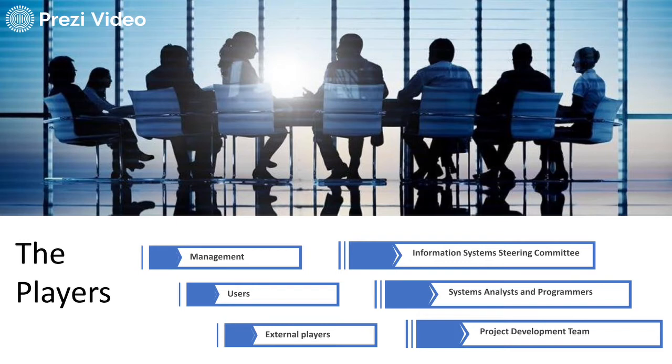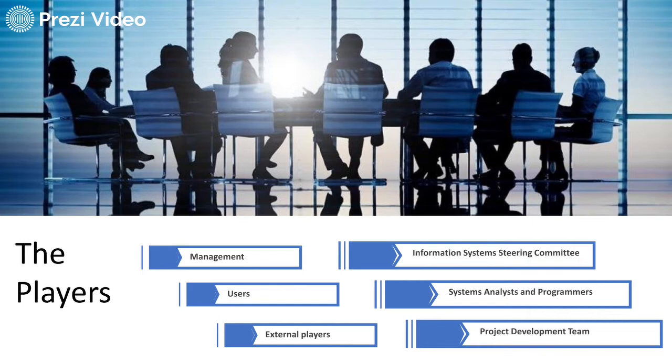The users are important here because when we develop the system, we want to meet the users' needs, so their involvement is important for communicating their needs to the developers. The users are also part of the project development team or steering committee, so they can help manage the system development. Accountants are also involved here, and we will discuss the role of the accountant after this.